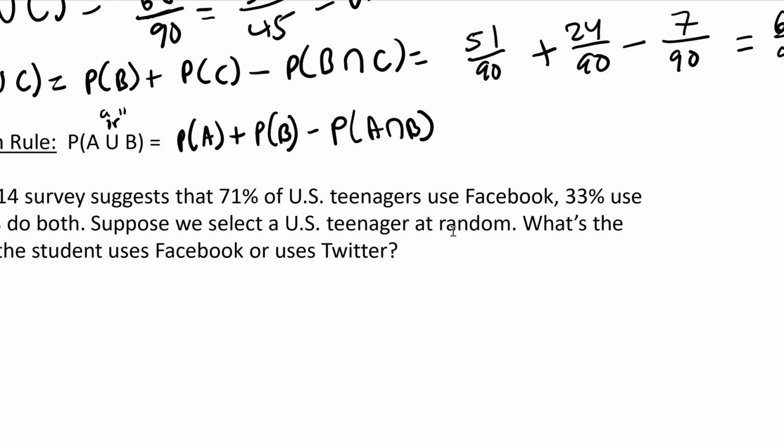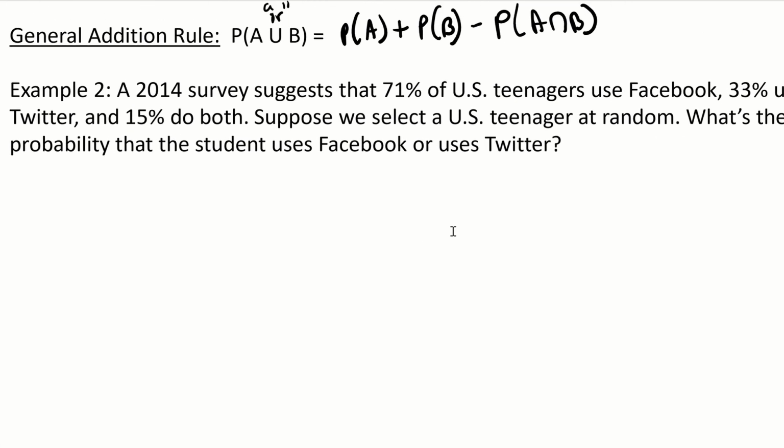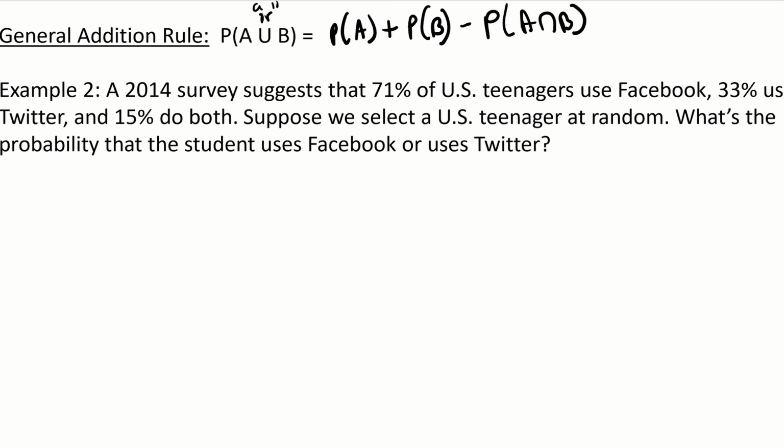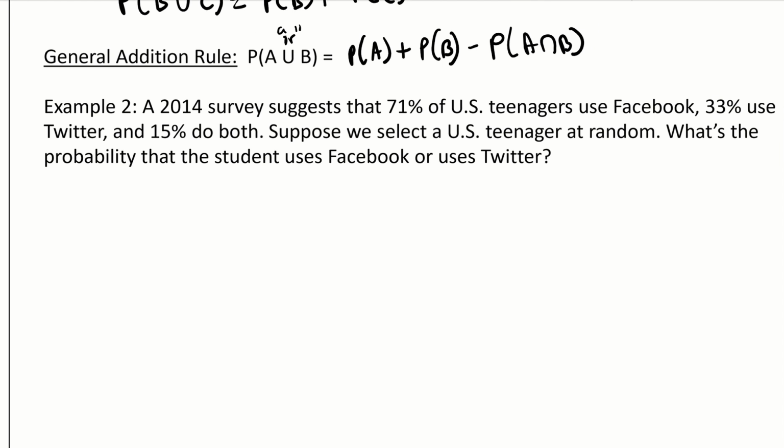Okay, so let's take a look at another example. So example 2, a 2014 survey suggests that 71% of US teenagers use Facebook, 33% use Twitter, and 15% do both. Suppose we select a US teenager at random. What's the probability that the student uses Facebook or uses Twitter? So let's go ahead and denote the event F as a teen uses Facebook.